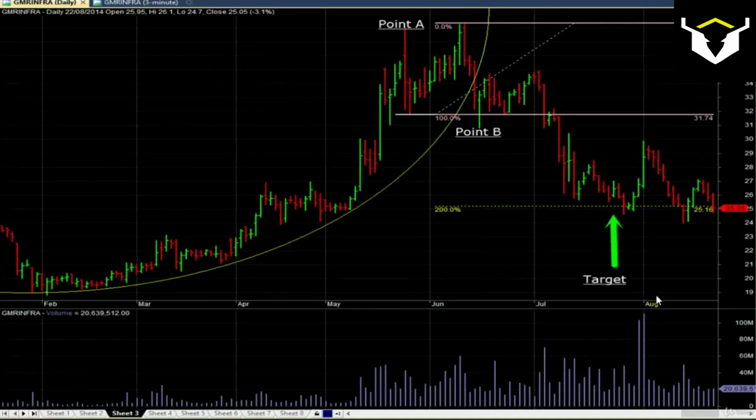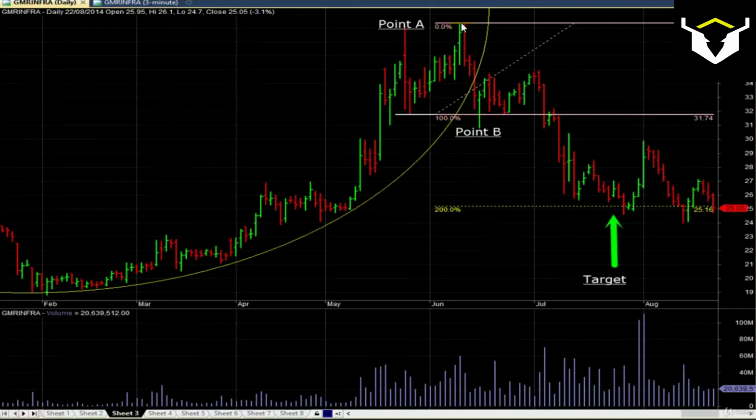We're back to the chart of GMR Infra, and you can see here this was our neckline and this is the head, that is the highest point in this pattern. So what I have done is used a Fibonacci extension tool in AmiBroker, extended this range downwards.